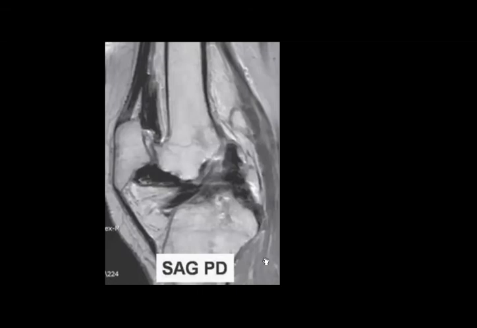Which one will involve the hands, feet and spine, juvenile rheumatoid arthritis or hemophilia? Yes, involvement of the spine, hands and feet will be of juvenile rheumatoid arthritis. So this can help you.